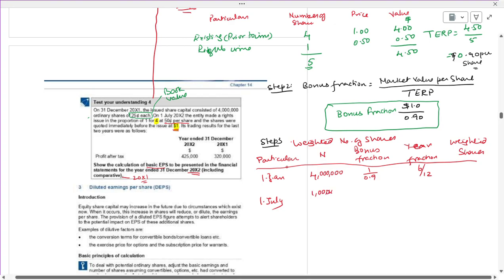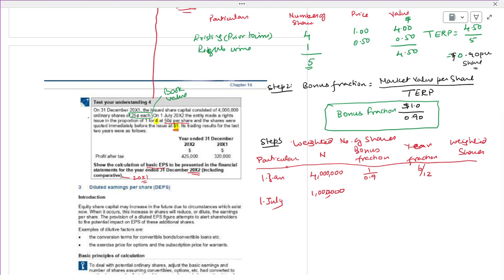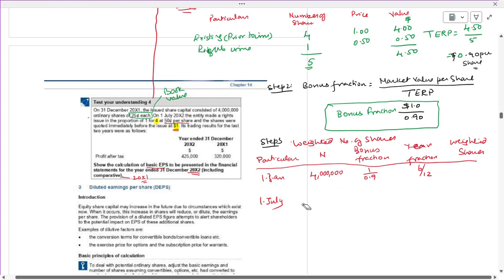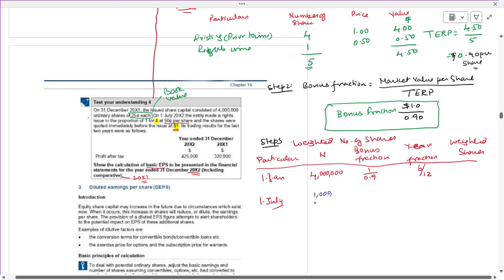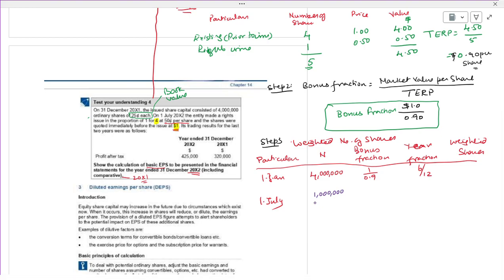How many shares are there? They have issued 1 million shares. How did we get 1 million? Given. Where is it given? In the question.